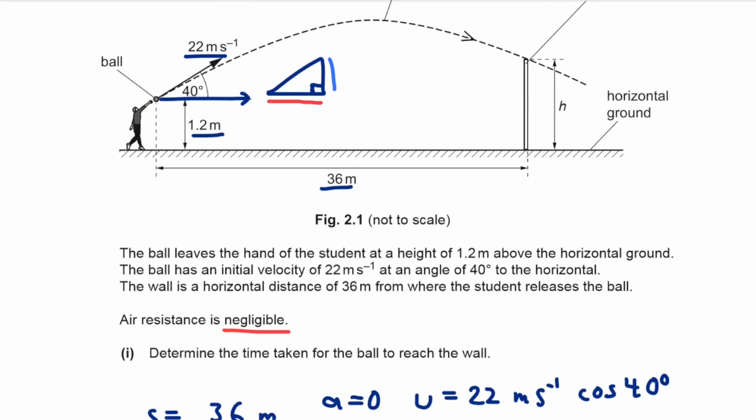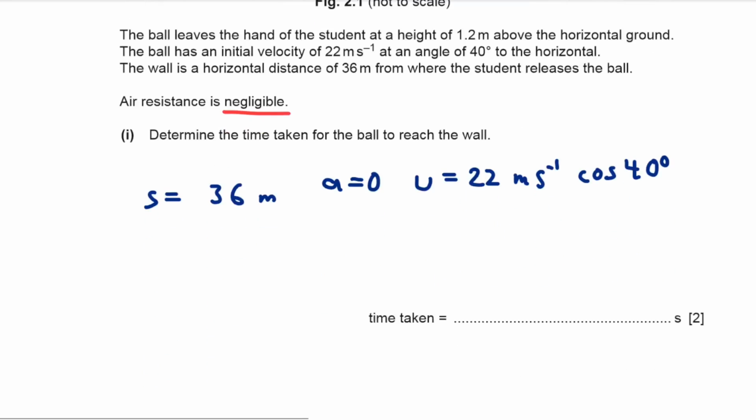Now the horizontal is adjacent and the vertical is opposite, and this is the hypotenuse. So we have adjacent over hypotenuse, so we have to use cosine. So we know velocity, and we know displacement, and we know acceleration, and we want to find time.